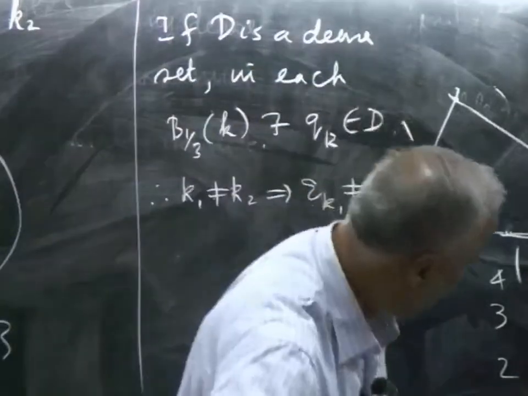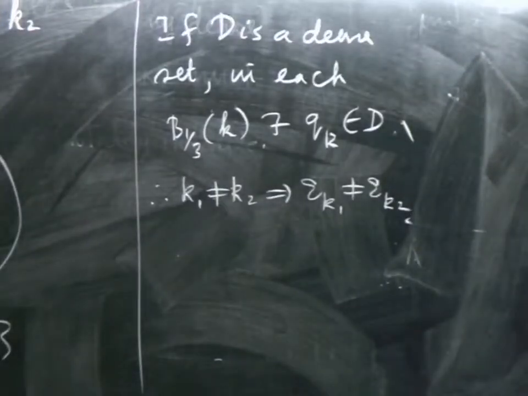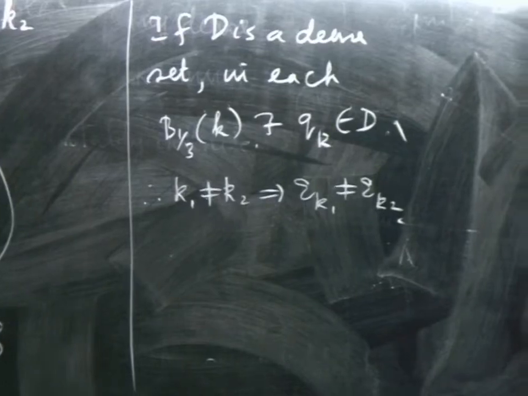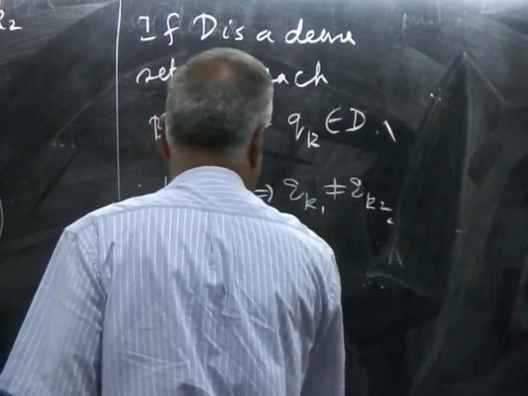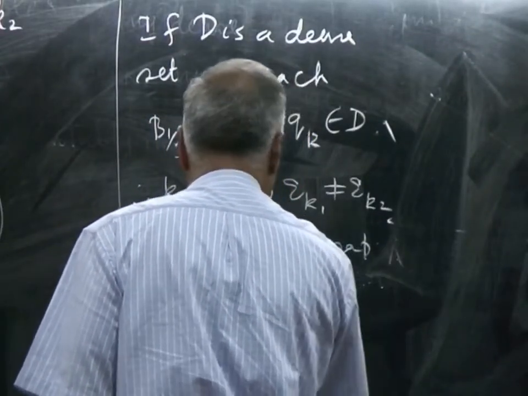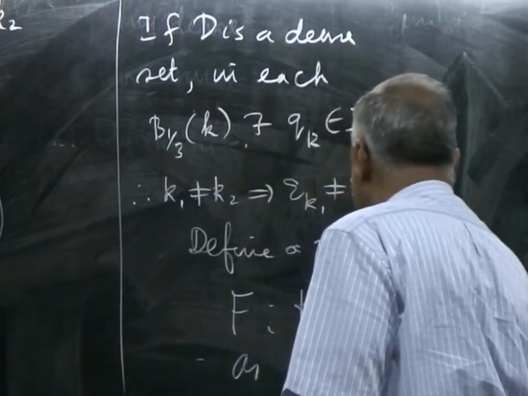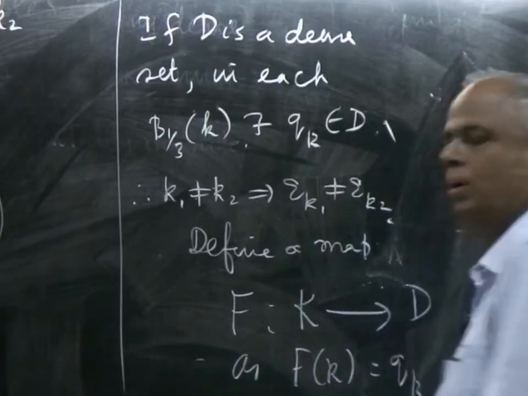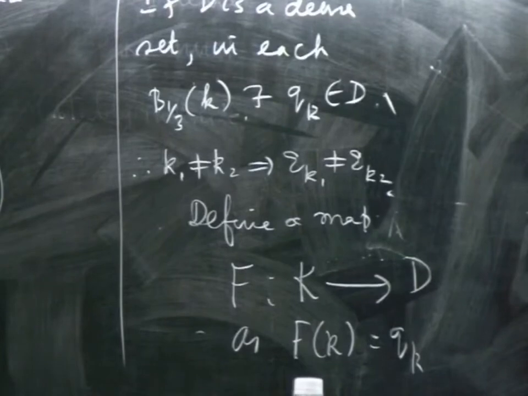So now, corresponding to every k, I get a unique point of D. Define a map F from K to D as F(k) = q_k. Is this a 1-1 map? If k1 is not equal to k2, then F(k1) is not equal to F(k2). So F is 1-1.